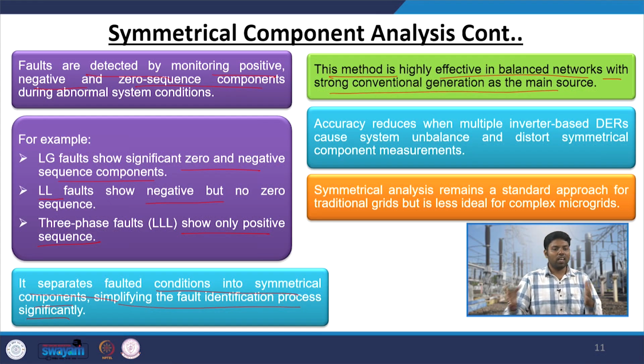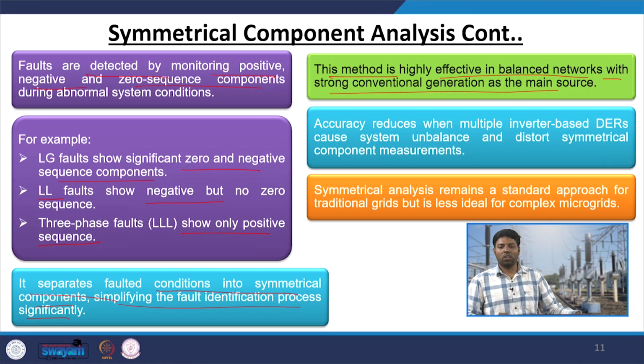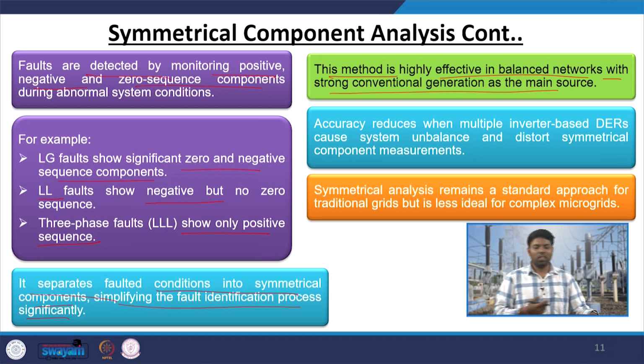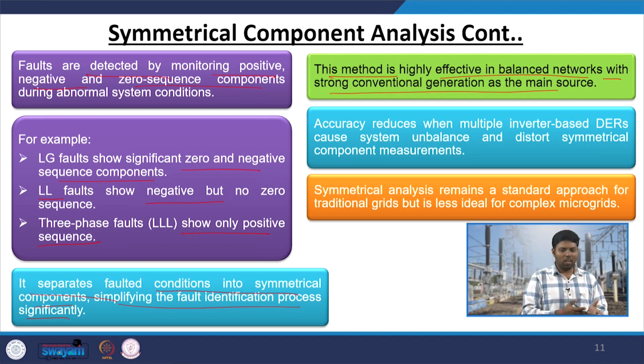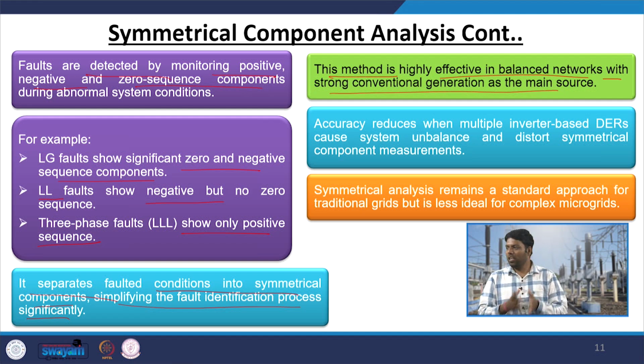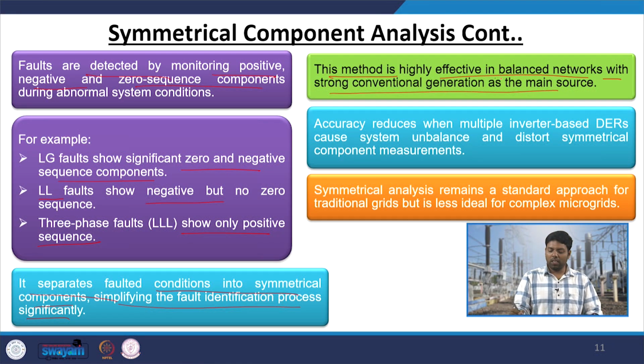So, in the system you will always see positive, negative and zero sequence components. If all 3 components are there, you cannot distinguish whether it is an unbalanced loading condition or an unbalanced faulted condition. So, this method is good when your system is previously balanced and the fault makes it unbalanced.